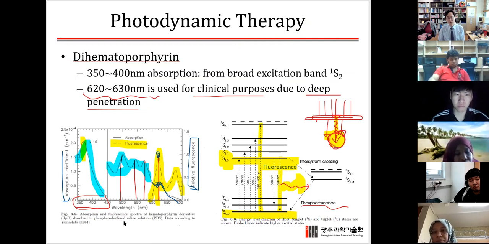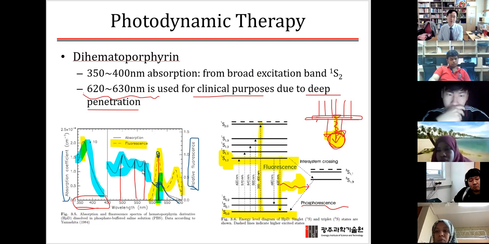For PDT, for deep penetration, we are using the red color, which is shown here. However, you can see that sunlight has all the colors, right? And even the blue and the green have higher absorption by the photosensitizer.